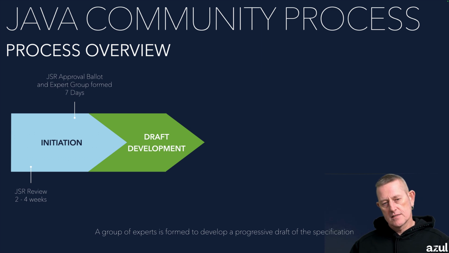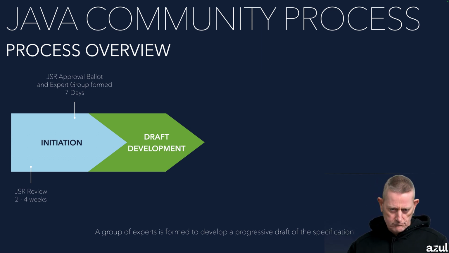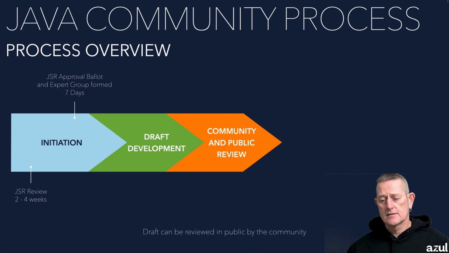And then before it gets into a draft development, right? There's a group of experts which is now formed, and they develop a progressive draft of the specification. So, right, you have an idea, you put it into a JSR, and then there will be an expert group. They create a draft, and then once they finish the draft and internally take it as a good one, they put it into public, and then the community can review this draft, right?